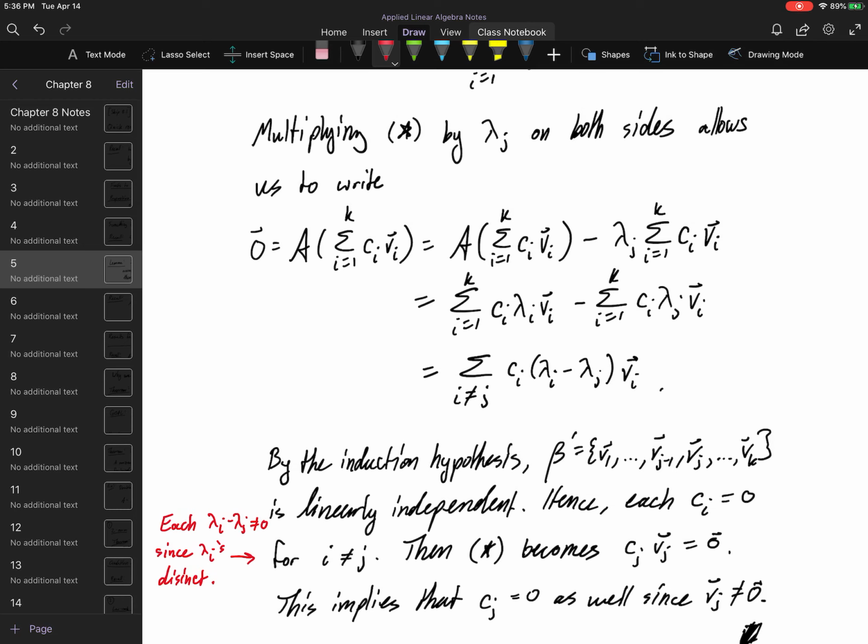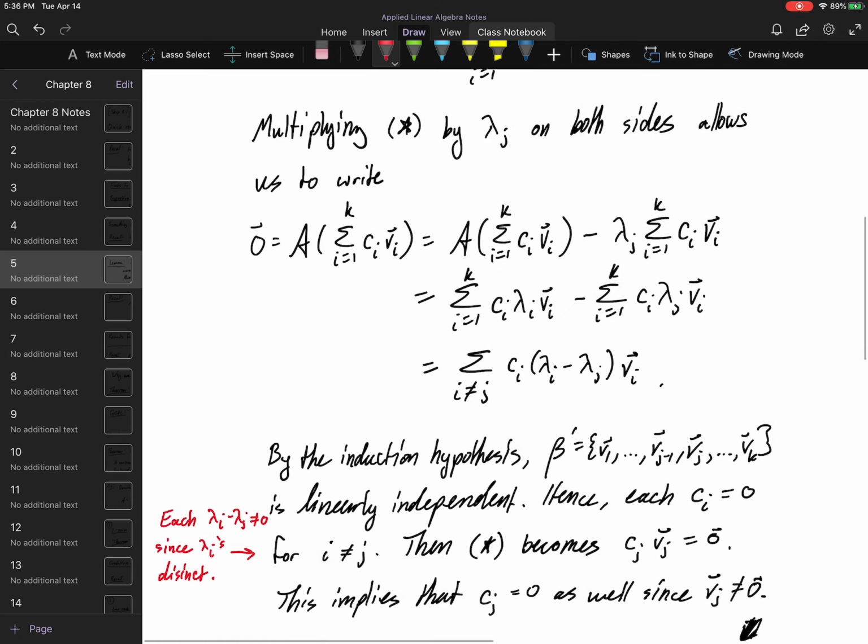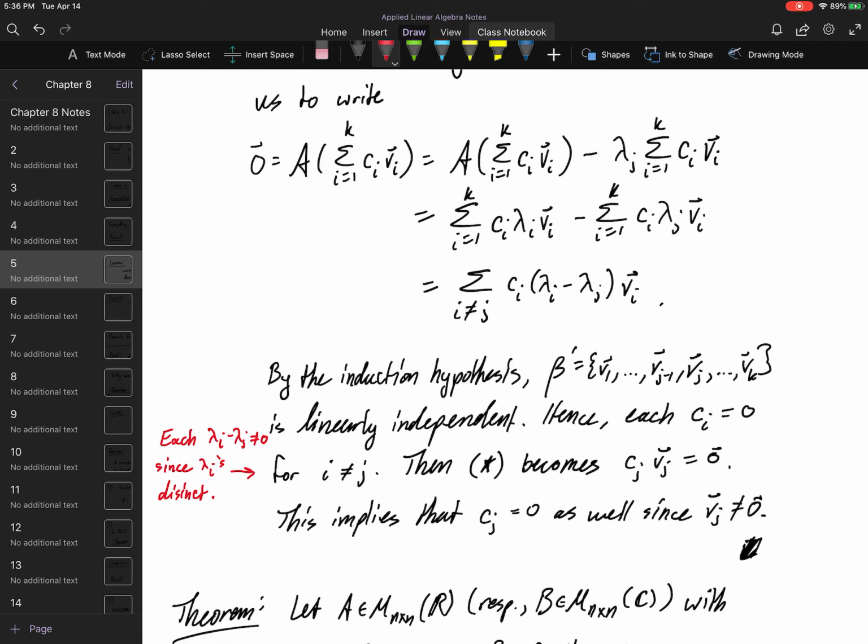So that means that I now have a smaller collection of vectors. If I omit the j vector here, which is exactly what I did here, this B prime is now a smaller subset, a smaller collection of vectors.